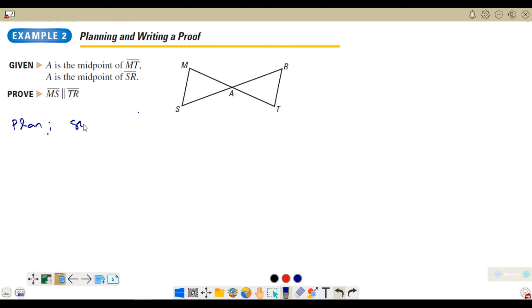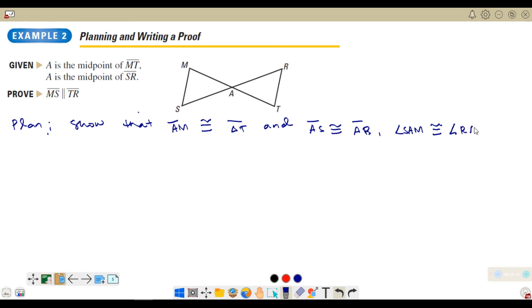So, una nating ilagay, ang plan natin show that AM is congruent to AT, and AS is congruent to AR, at saka angle SAM is congruent to angle RAT.